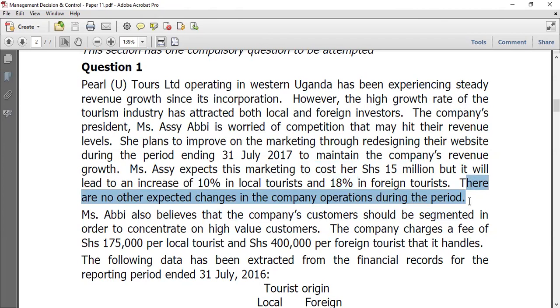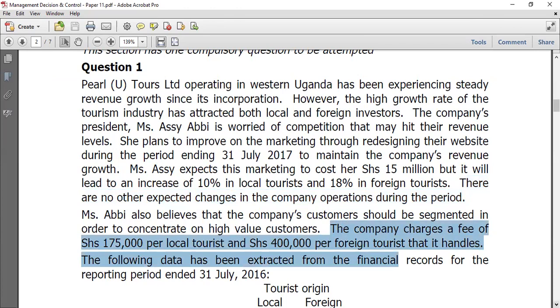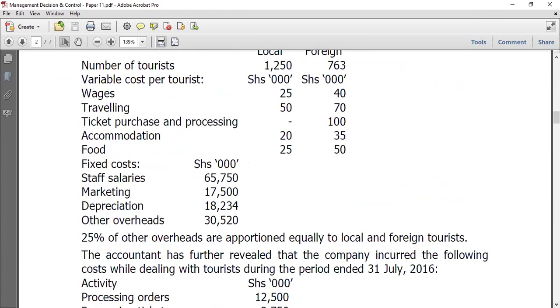So basically, the only change we are seeing here is the marketing cost and then the increment in our local tourists and in our foreign tourists, okay? So basically here, I think this may also help us. This is also going to help us ideally along the way, as well as the information down, okay?